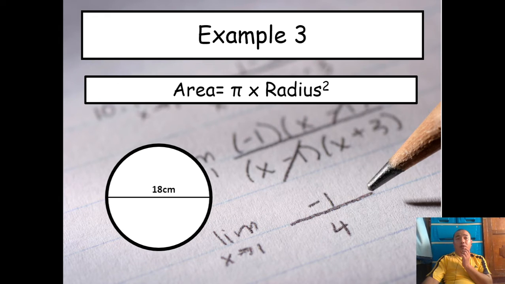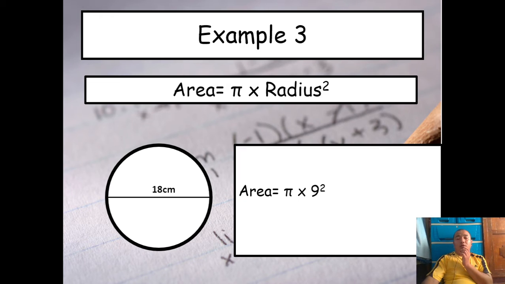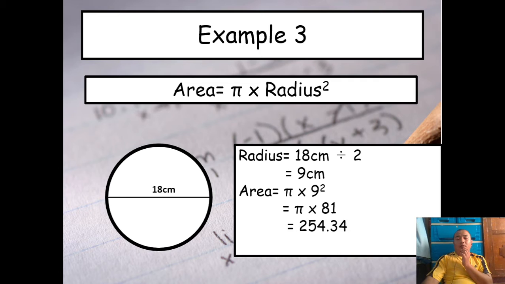Divide 18 by 2, that's the radius. So pi times 9 squared, 81 times 3.14 is 254.34 centimeters. How did we get the radius? Just divide 18 by 2, we have 9 cm. 9 squared, 81 times pi is 254.34, the area of the circle.